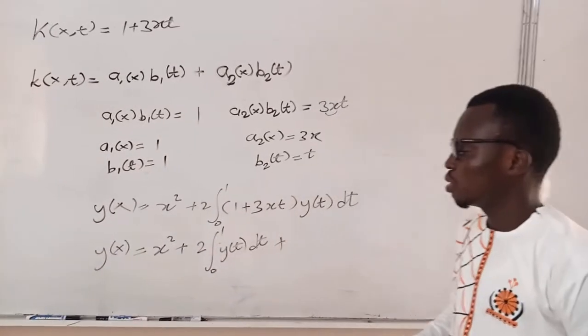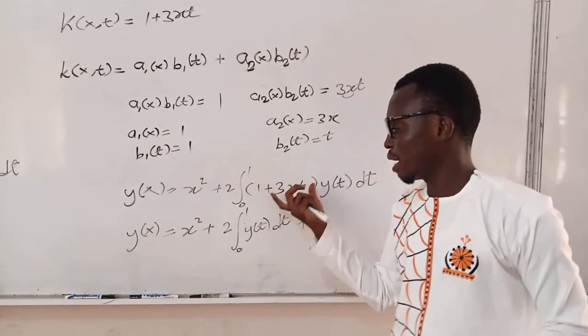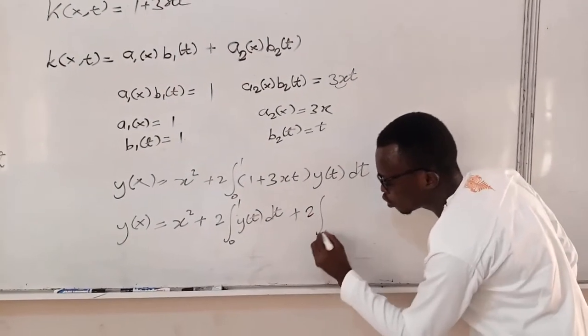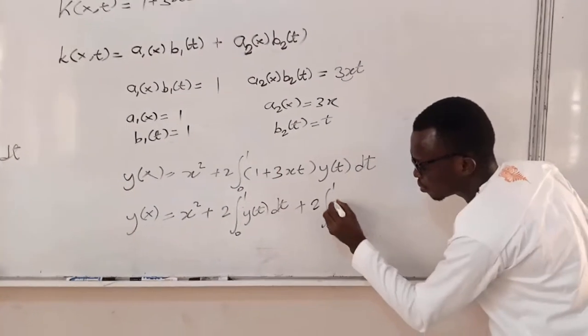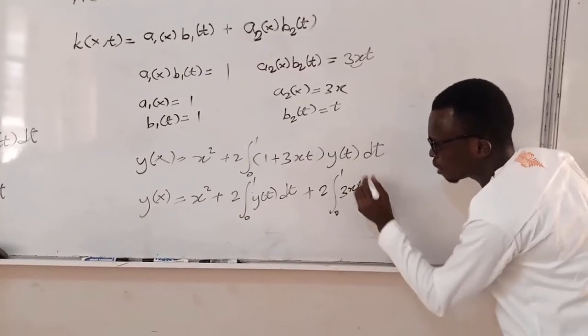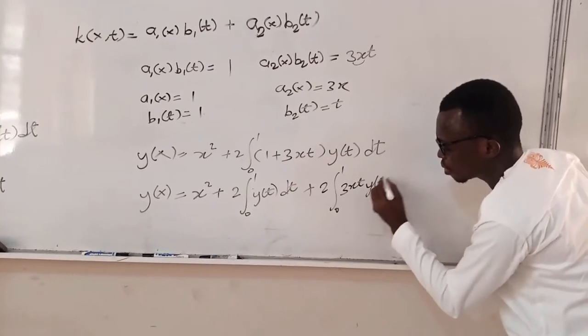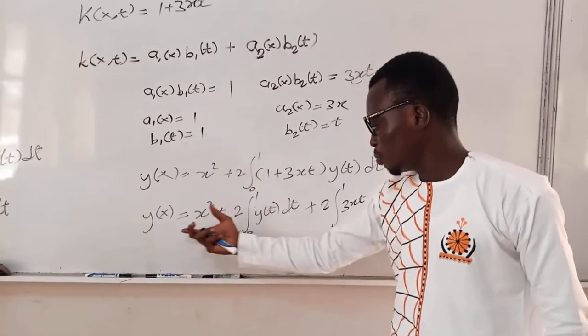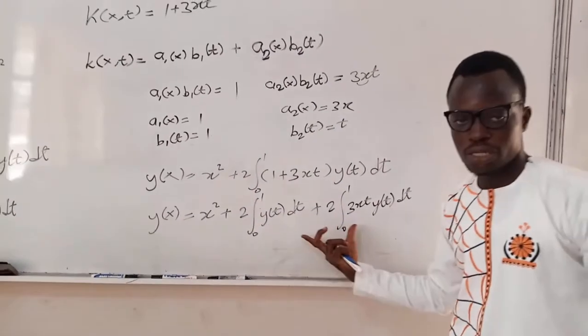Plus 2 and the integral sign times the whole function, so 2 integral from 0 to 1 of 3st y(t) dt. So you're now able to break this into two different integrals.